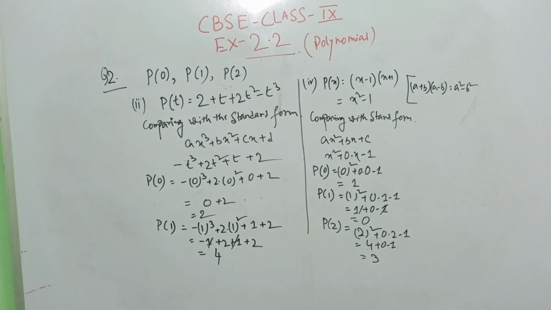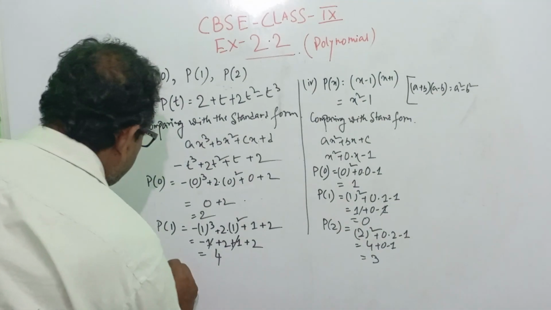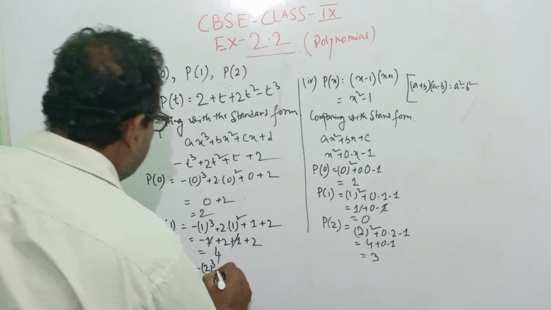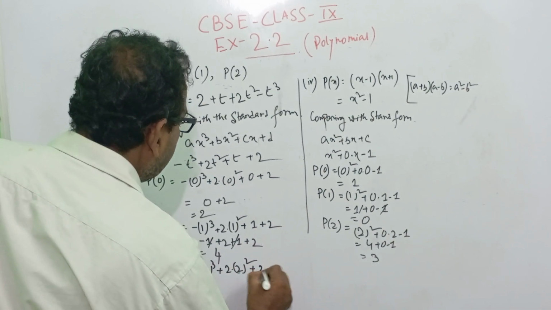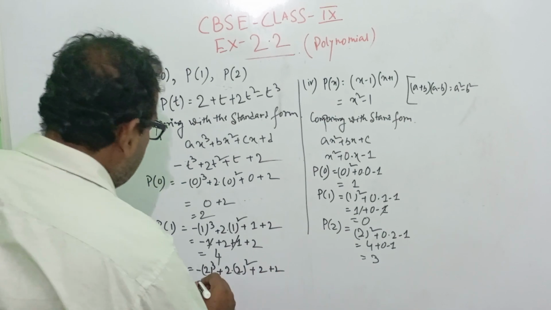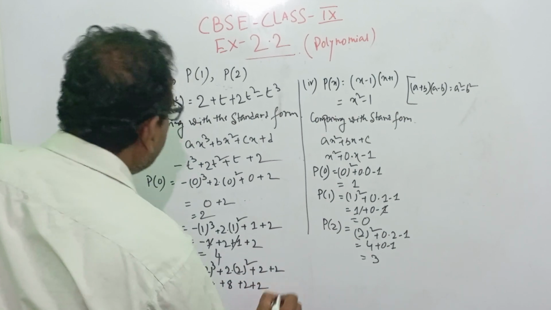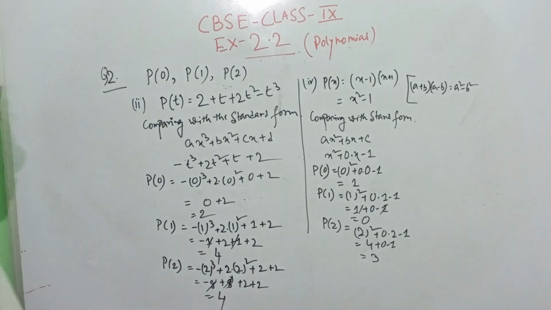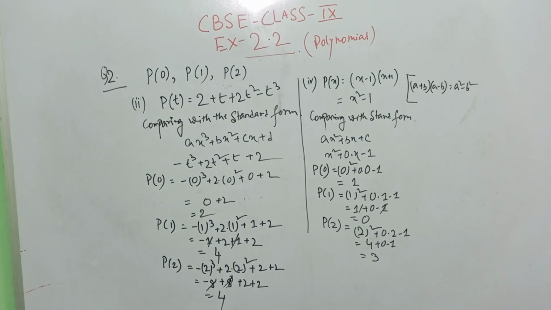Now if you consider p2, that is minus 2 whole cube plus 2 into 2 square plus 2 plus 2, that is minus 8 plus 8 plus 2 plus 2. Question number 2 is also solved.